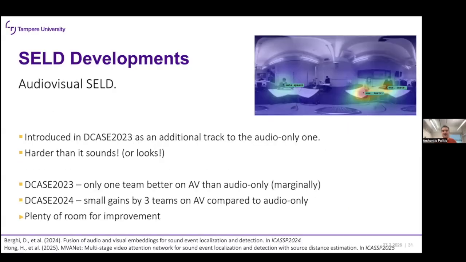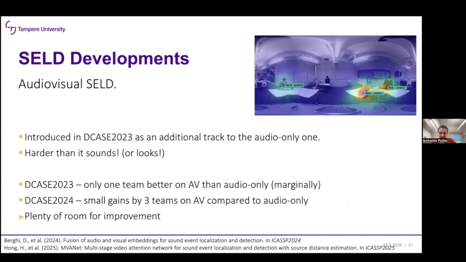That task was introduced in parallel with the audio-only task, so we had two tracks, one audio-only and one audiovisual. We were expecting to see a very big boost on the audiovisual track compared to audio-only. It didn't happen. The audiovisual track proved to be harder than it sounded.